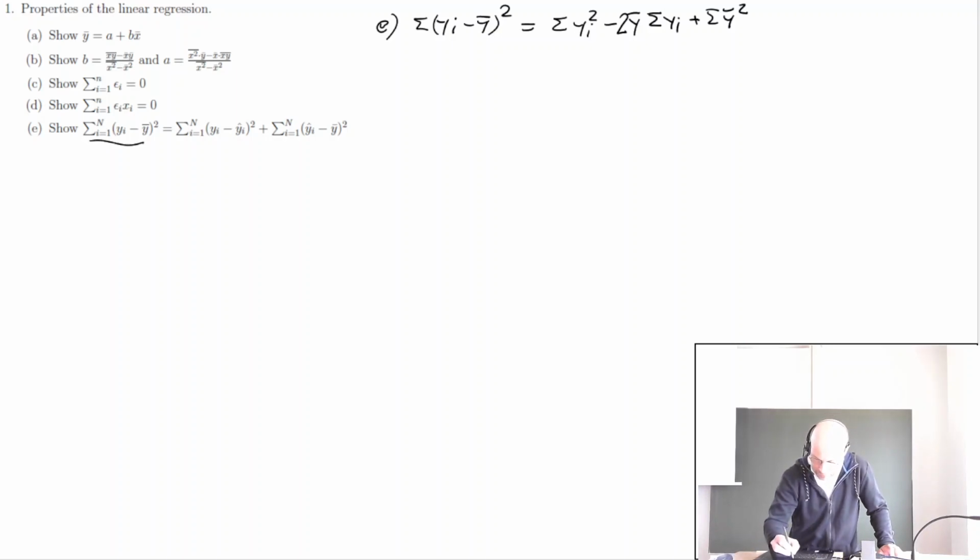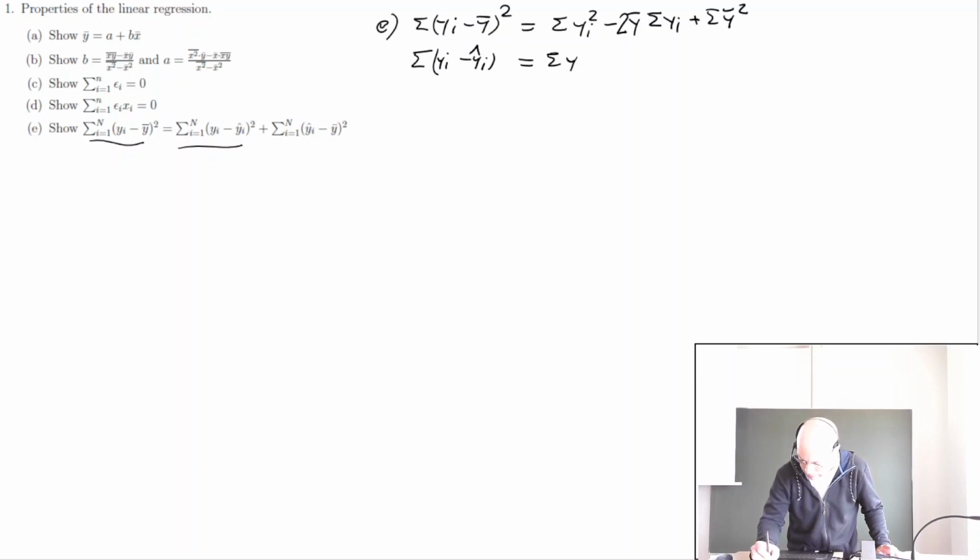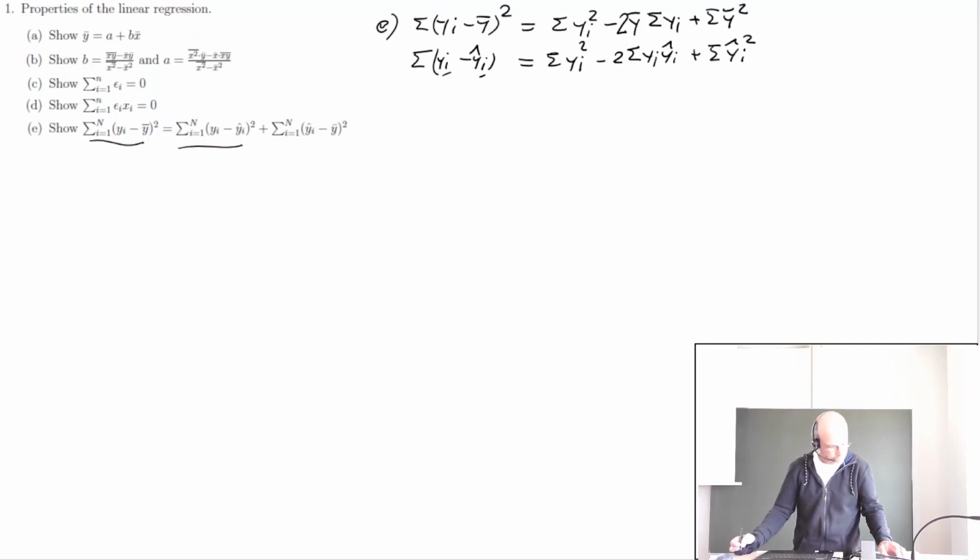Then let's take this term, more or less the same: the sum of yi minus y hat i squared equals, again, sum yi squared minus 2. And now we have in both variables the index i, so both variables have to be within the summation, yi y hat i, plus the sum over y hat i squared.